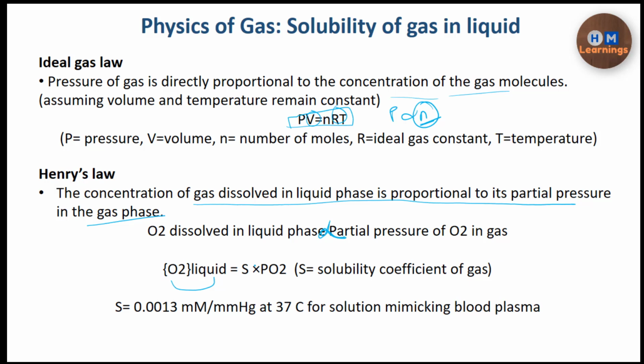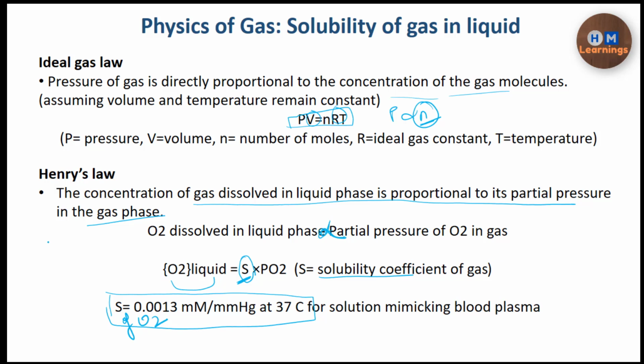Oxygen dissolved in liquid is proportional to it, and this proportionality sign is replaced by a constant, called the solubility coefficient. About the solubility coefficient we are going to talk in the next video. We will talk about the calculation of the solubility coefficient of oxygen in later videos.